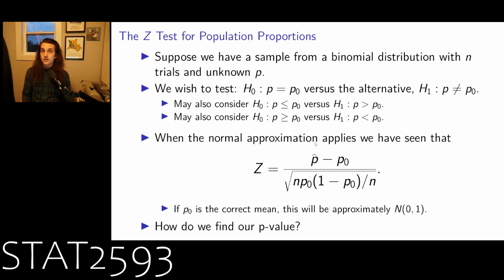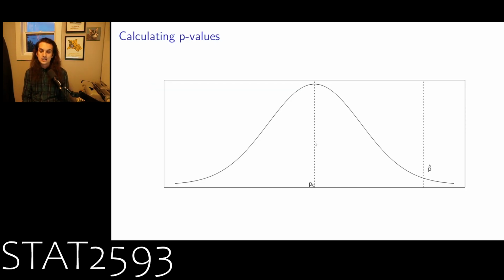And so how can we find the p-value? Well, we can do it in exactly the same way that we saw with normal hypothesis tests before. This is a process that's likely becoming somewhat familiar as we've seen it a few times over. But let's take a look at it. So we'll have our distribution here, and again, it's going to be approximately normally distributed. So this is our normal distribution.